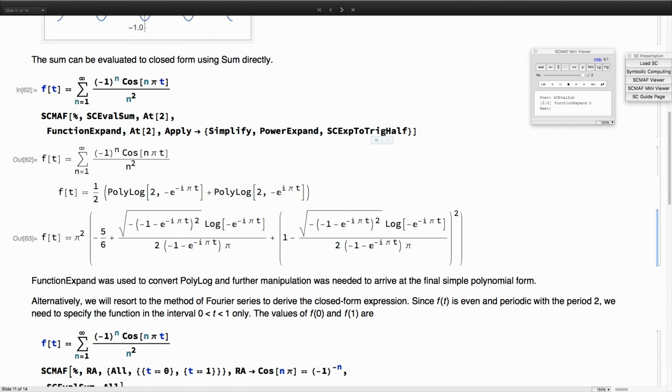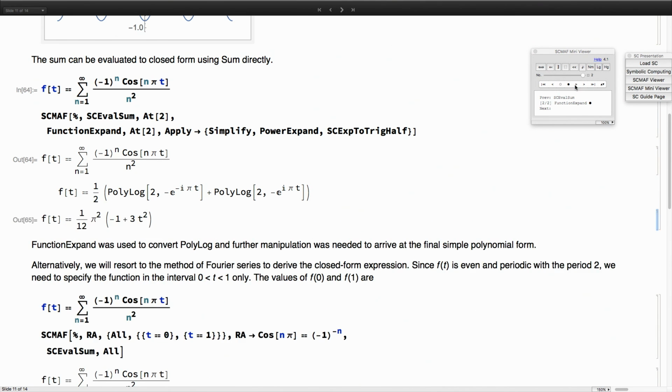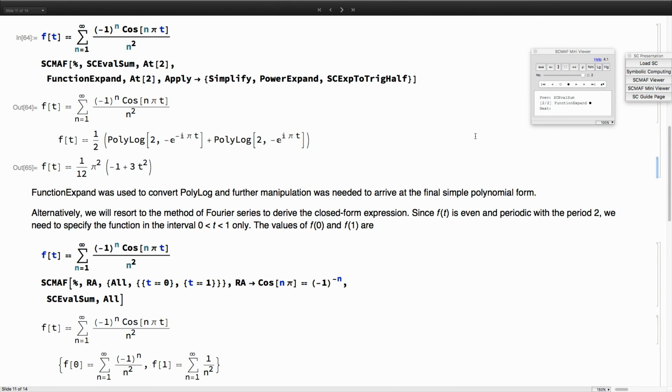Then I do post-processing, calling these 3 functions in series. Then the result is, surprisingly, very simple. This is the closed form expression valid between plus minus 1. And it is periodic, so we know the function for all t.